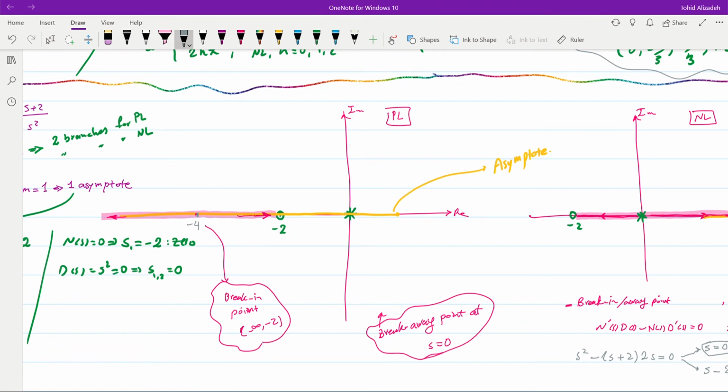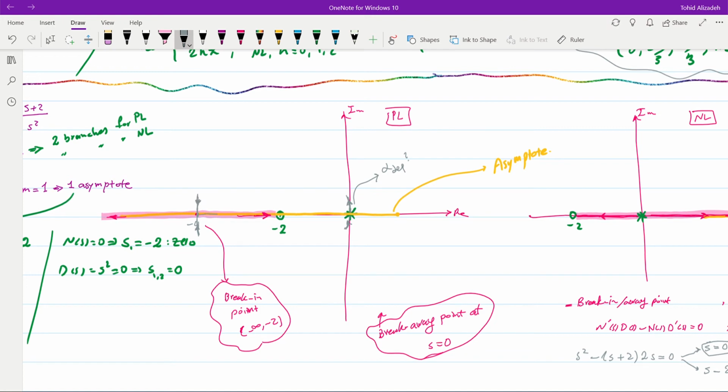Well, now we know that the branches will depart the poles at the origin. We can find out the angle of departure. So alpha departure should be determined here. They will enter into the break-in point at minus 4.